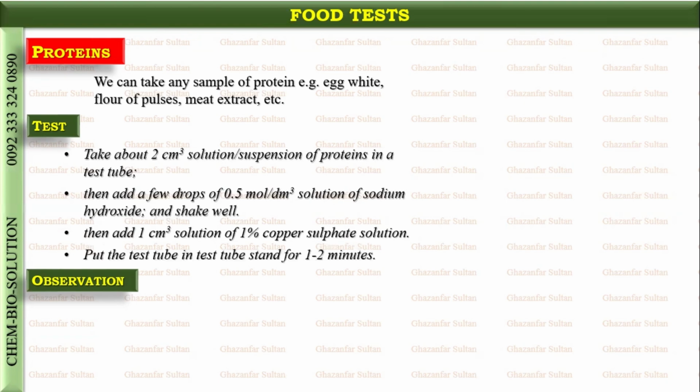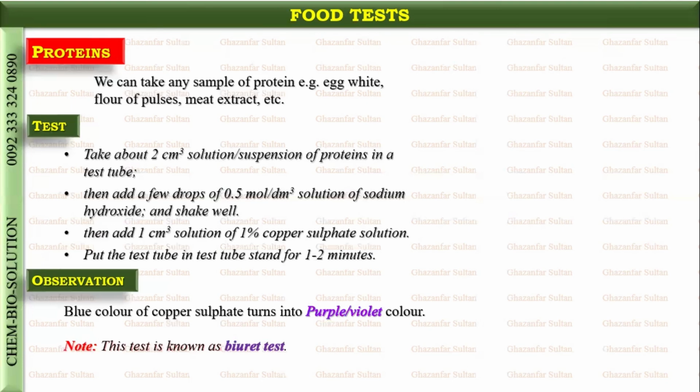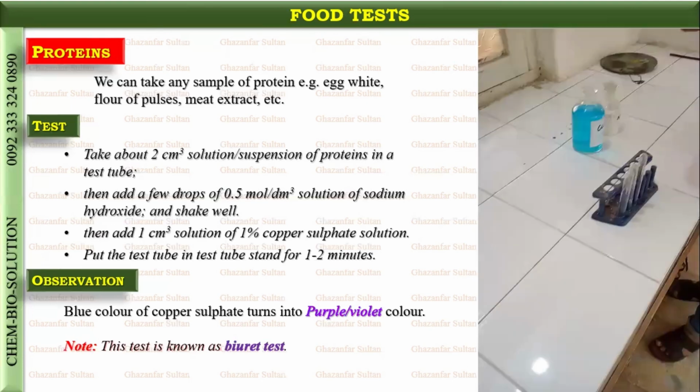Then put the test tube in test tube stand for 1 to 2 minutes, or you can hold it in your hand. So the blue color of the copper sulfate turns into purple or violet color. This test is known as biuret test.